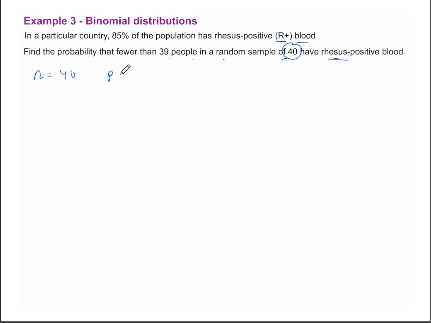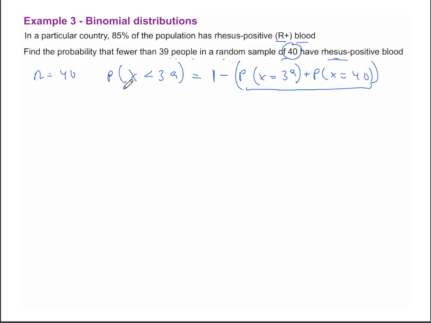We want to find the probability that x, which is the number of people that have R positive blood, is less than 39. This is the same as 1 minus the probability of x equal to 39 plus the probability of x equal to 40, where you're subtracting the entirety of this, because you're excluding these two options since you want it to be less than 39.